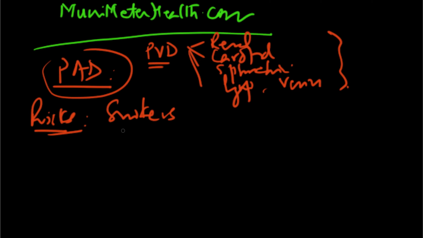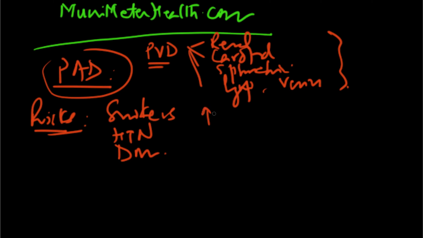But smokers are a big category. Hypertensive individuals. All diabetics should be evaluated for peripheral arterial disease unless proven otherwise, because they have atherosclerosis to begin with. Remember, we'll discuss the baseline pathophysiology in a second, but diabetes and hypertension both have atherosclerosis, which is of an accelerated nature.